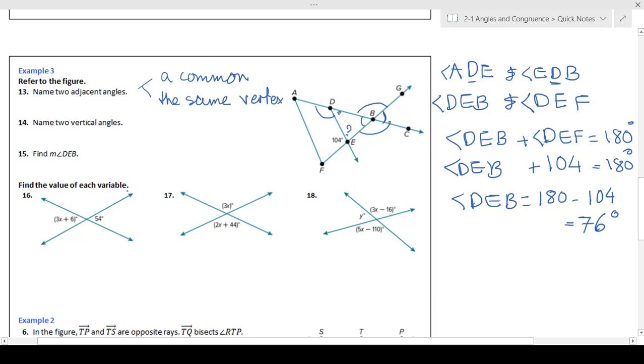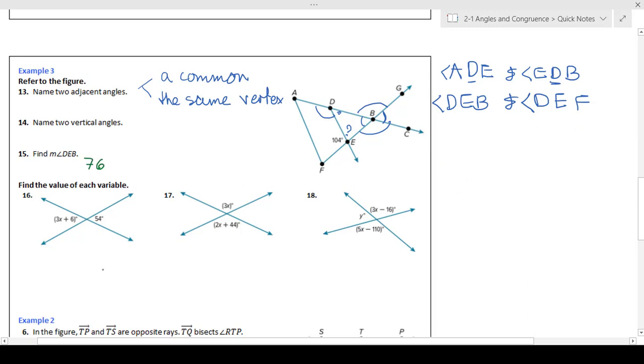Now, number 16. Find the value of each variable. In order to solve this one, these two angles are vertical angles, so they are equal to each other. So I simply can write 3x plus 6 equals 54, okay? And then I solve this equation.